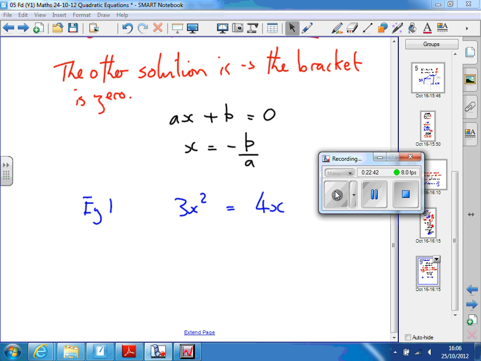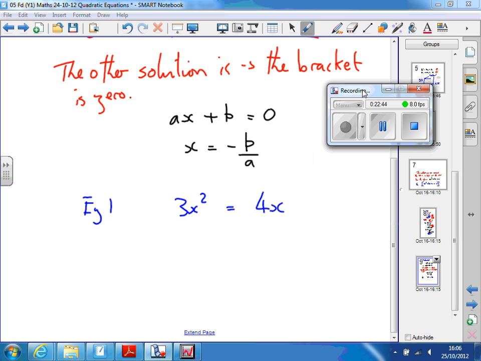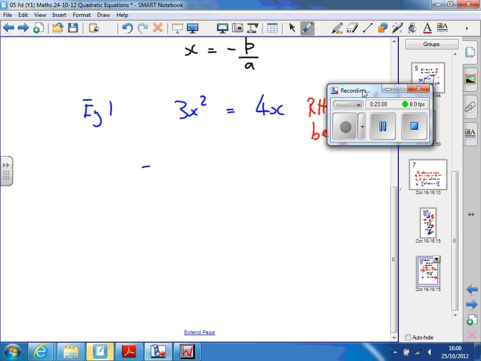For these methods to work, the right-hand side must be 0. There's no ifs or buts about it. So I must actually subtract the 4x from the right-hand side. So I get 3x squared minus 4x equals 0.